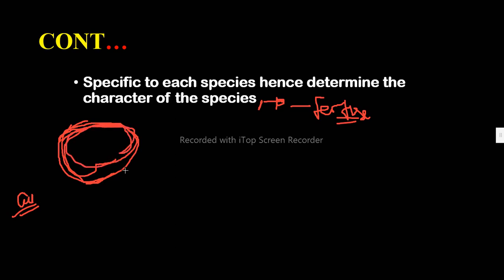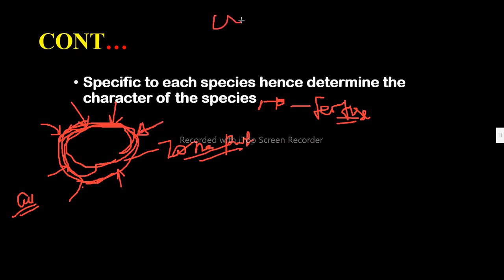This layer is called the zona pellucida, which has many glycoproteins. It is impermeable to sperm cells, and it is this layer that brings about the specificity among different species. If a woman copulates with another man of the same species, they are all Homo sapiens, they will fertilize and produce a zygote.